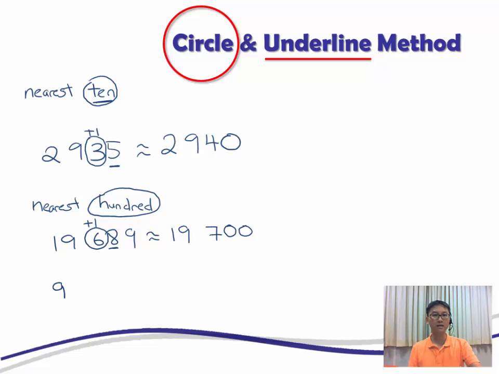I'll give you one more example. Let's say I got 9,975. Again, I want to round off to the nearest 100. So I will circle the digit in the hundreds place and I will underline the one next to it. This is 7, more than 5, so I plus 1. Now be careful this time round. These digits will all become 0.